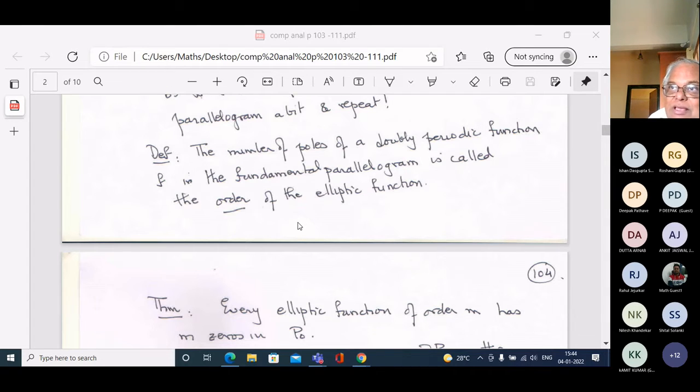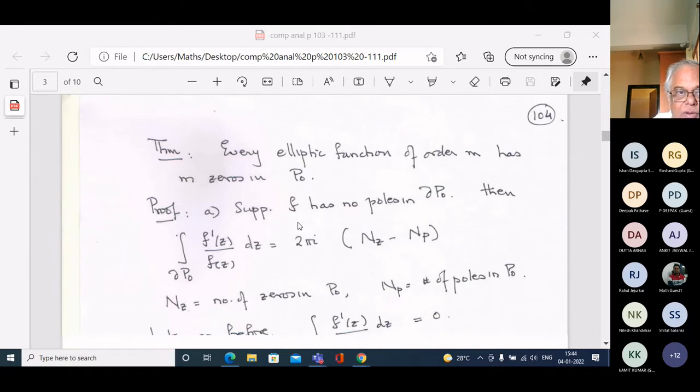And what is this next lemma saying? The next lemma says that the number of poles is equal to the number of zeros. Why?